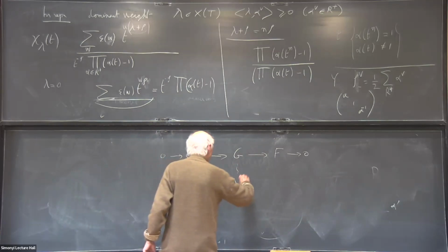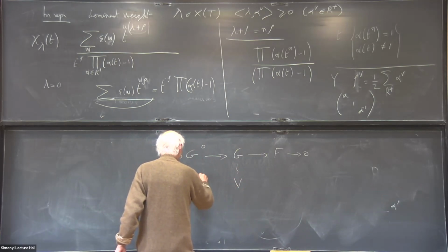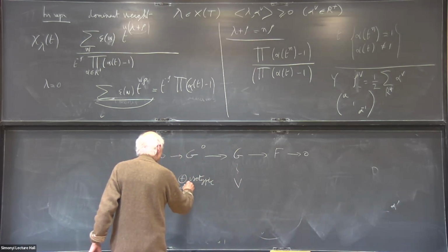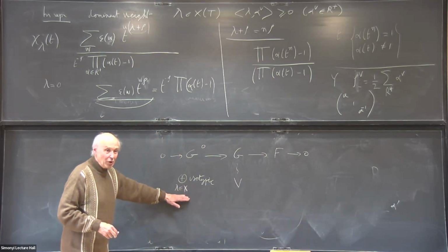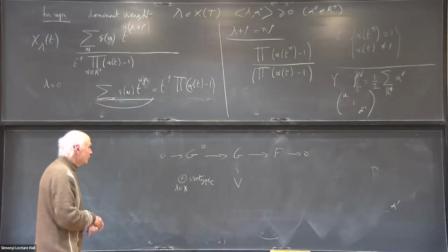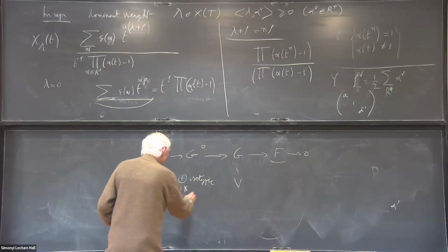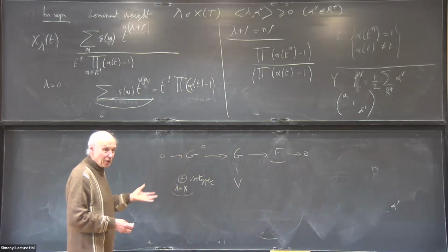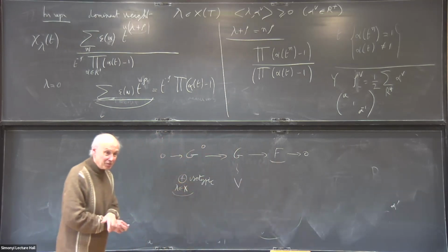You have this representation V. You decompose it into isotypic components, parameterized by some set of weights. Each isotypic component is a multiple of some representation V lambda, and F will permute the representations that occur. So we have this permutation representation of F on this finite set.